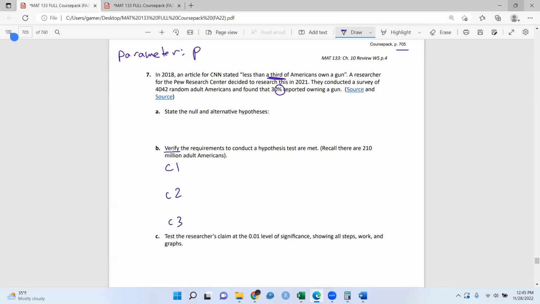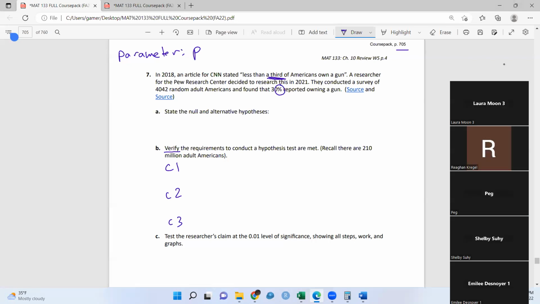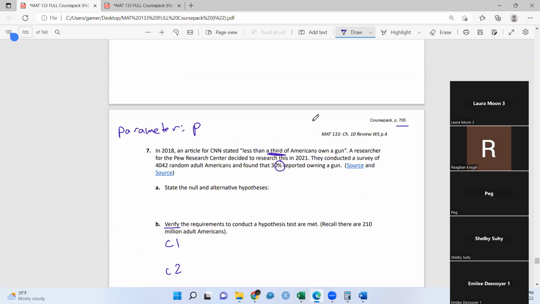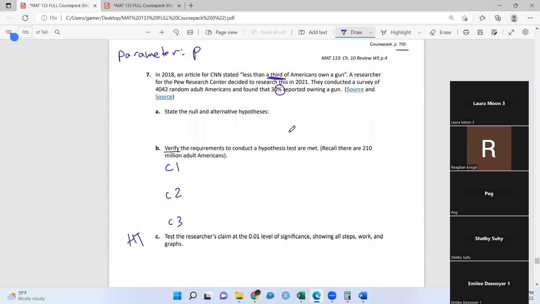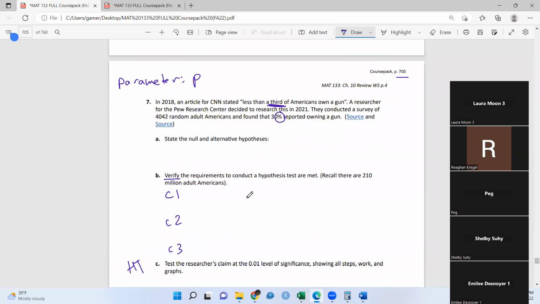What is part C asking you to do? Steps 1 through 6. That's it. Hypothesis test. Nailed it. I forgot chapter 10 is only hypothesis tests. So this is a proportion hypothesis test that includes a verify the conditions.